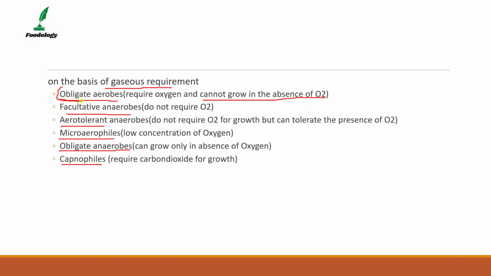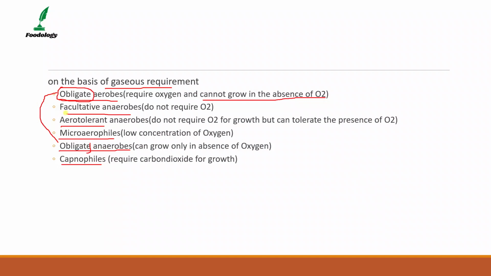Here, the term I want you to pay attention to is obligate. They are obligated to grow in an aerobic environment. Here again, one more similar term you are able to see, that is obligate anaerobes. So they are obligated to grow in an atmosphere where there is no oxygen. Obligate aerobes and anaerobes, I believe that is clear to you.